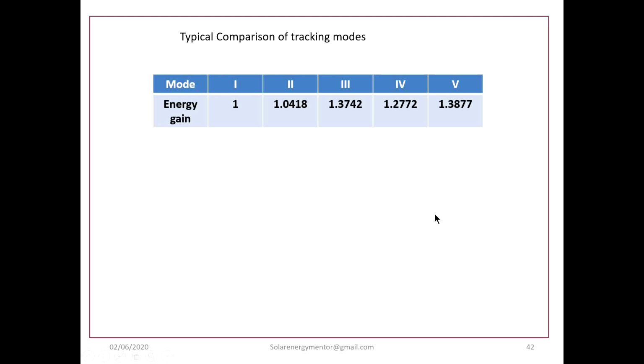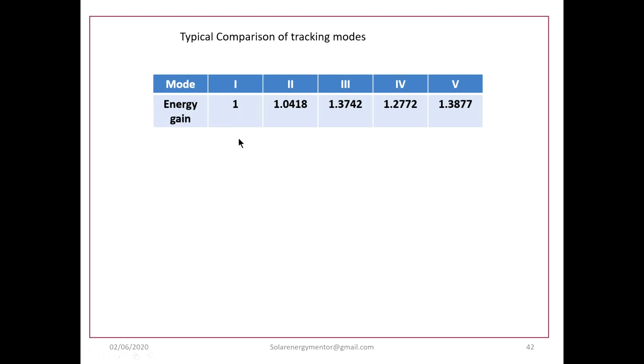Now a typical comparison: what is the energy gain in different modes of tracking? This table shows the modes of tracking 1, 2, 3, 4 and 5, and this is the energy gain. The minimum energy gain is in mode 1, so it is given as 1 point. Say 1 kilowatt hour or 1 unit of energy over a period of time at a typical location.